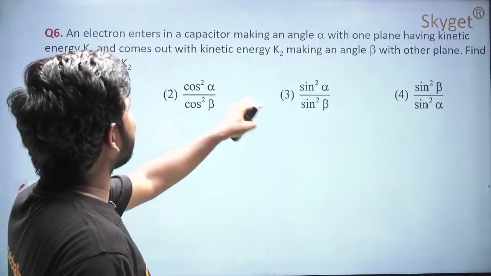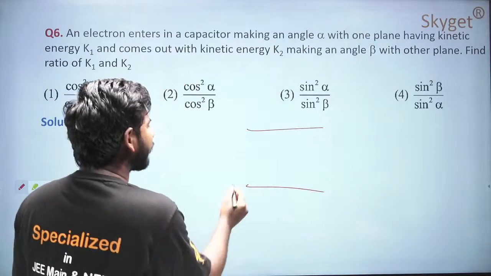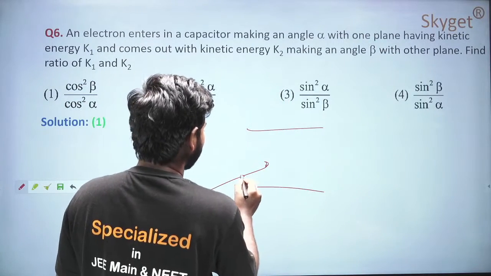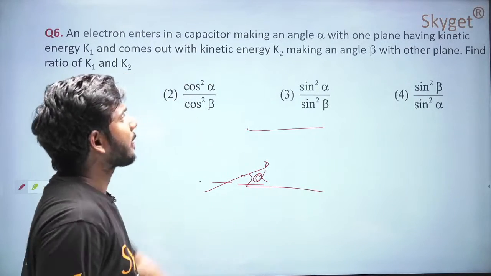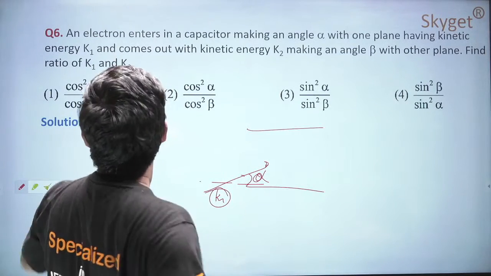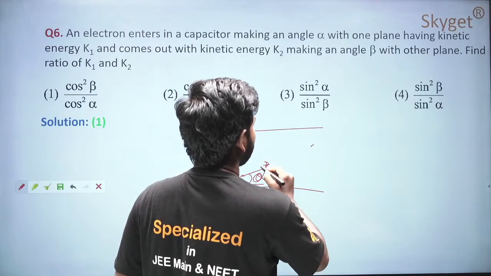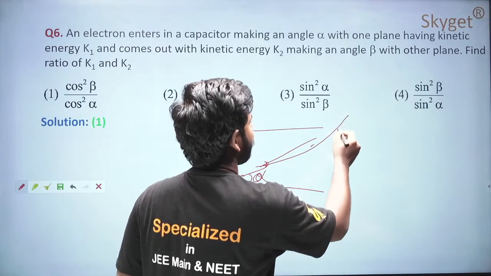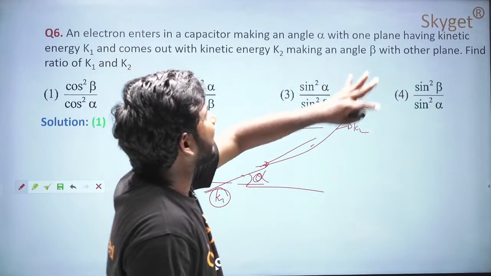An electron enters a capacitor, making an angle alpha with the plane, having kinetic energy K1, and comes out with kinetic energy K2, making an angle beta with another plane.